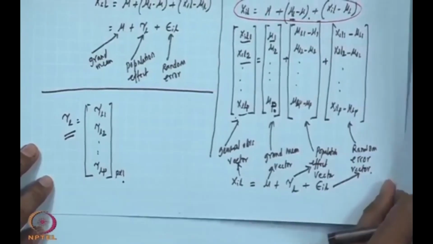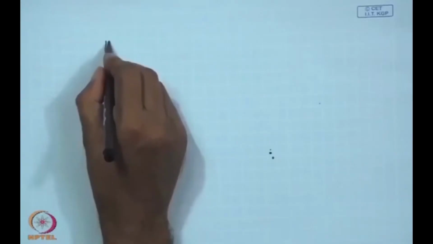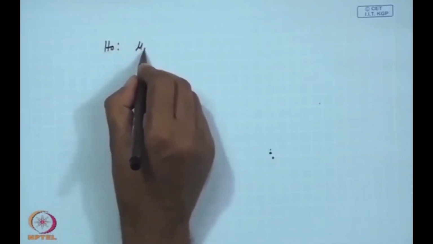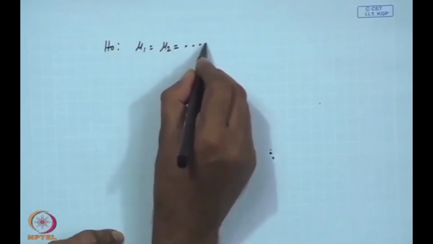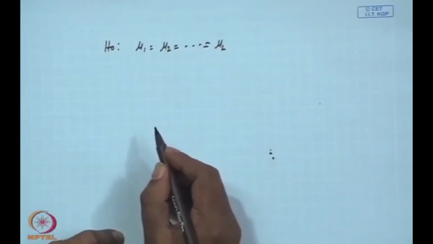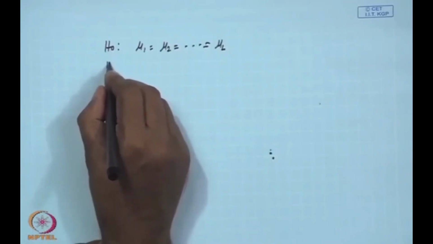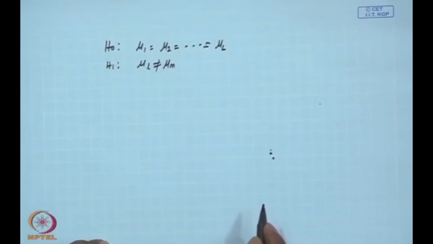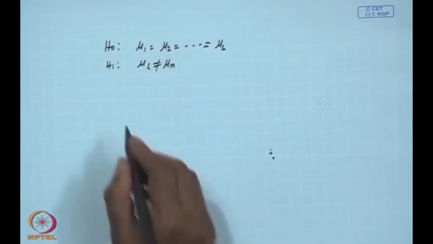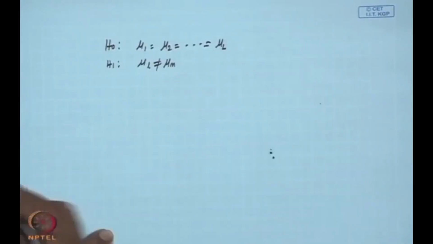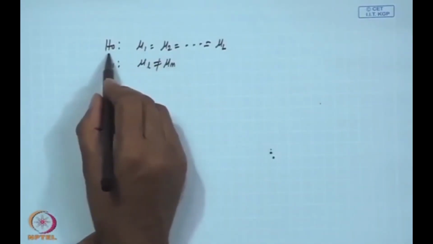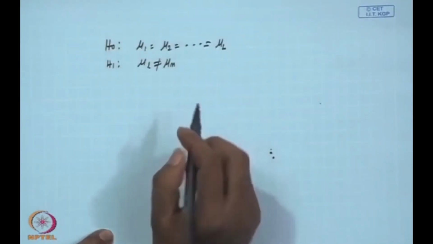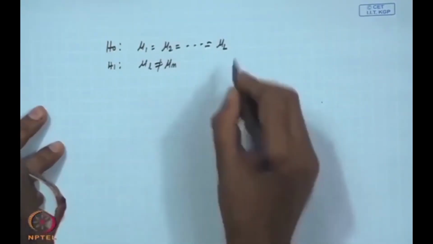Okay. So, if we frame our hypothesis like this, H0: mu 1 equal to mu 2 equal to mu L, and H1: mu L not equal to mu m for one pair of L, m, then using this tau L concept, you can find out the null hypothesis also.